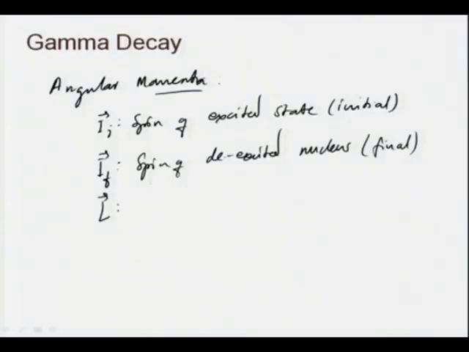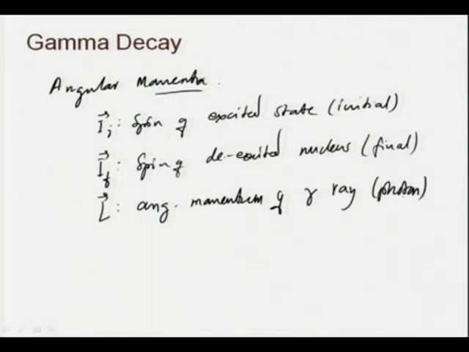So, this is the angular momentum of the gamma ray or the photon emitted corresponding to the order of multipole transition.